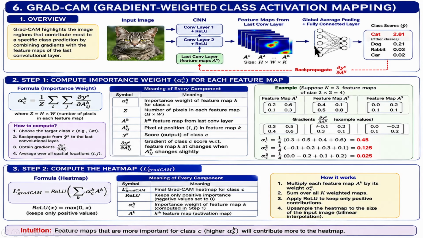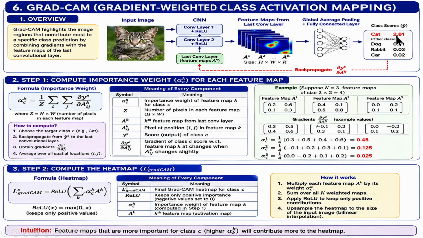After that, we get either global average pooling or flatten, and then a fully connected network. From there, we obtain the score.